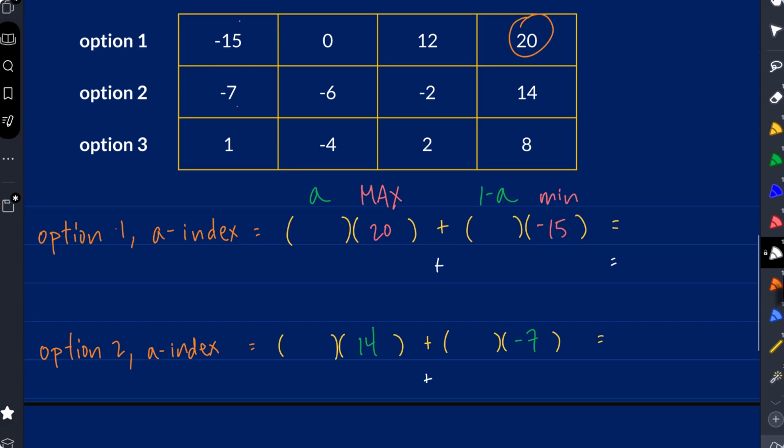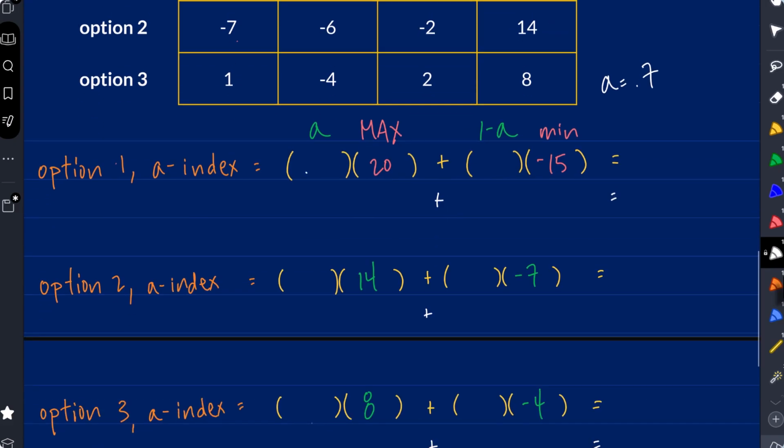Let's say that A equals 0.7. So that means we're going to have 0.7 in these spots, and 1 minus our A value is going to be 0.3. Okay, then we're good to go with another series of calculations.